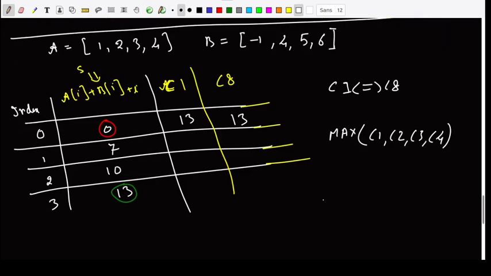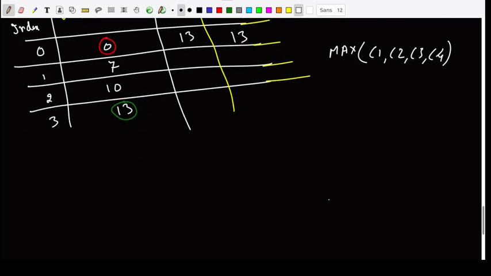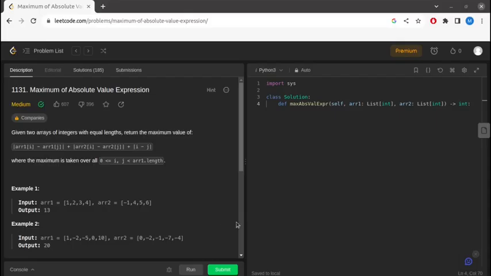Let me jump to the coding section and let us code the solution for this condition. We are given two arrays, AR1 and AR2.